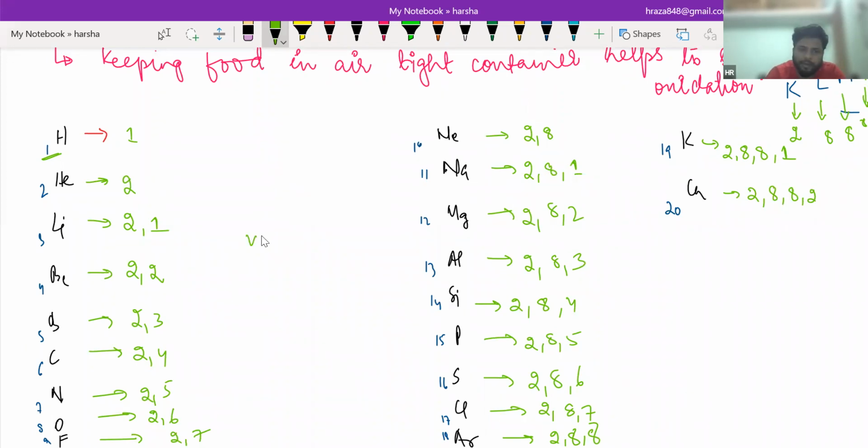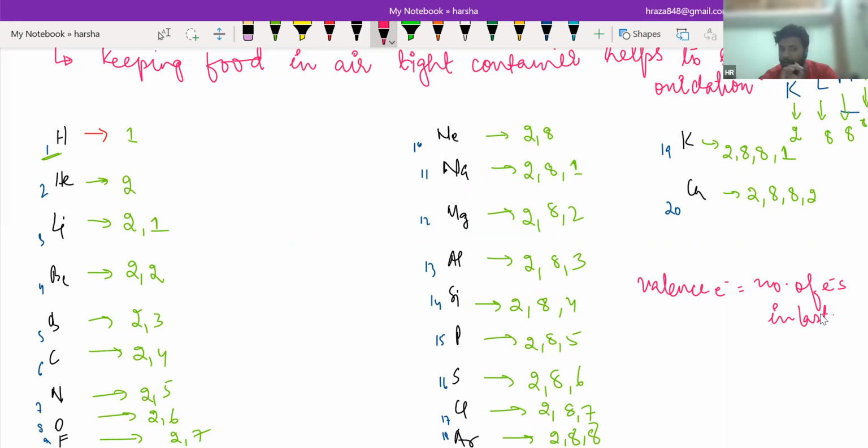See, valency, wait a minute. Do you know what is valence electron? Valence electron is equal to the number of electrons in the last shell.